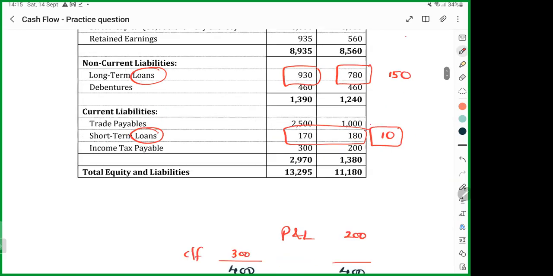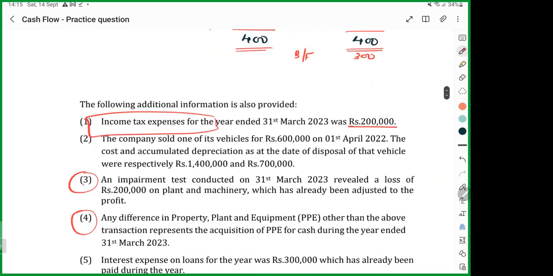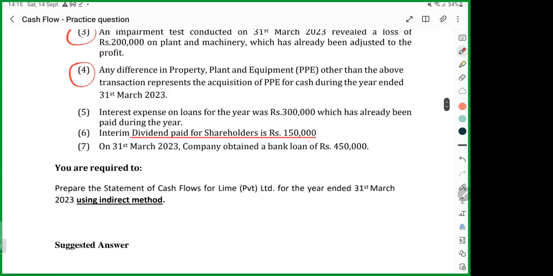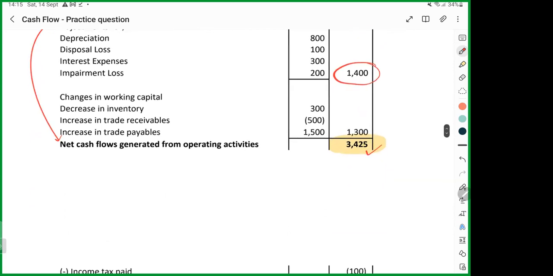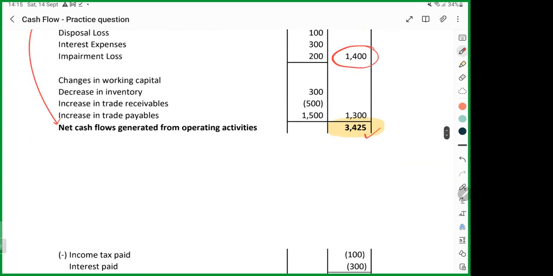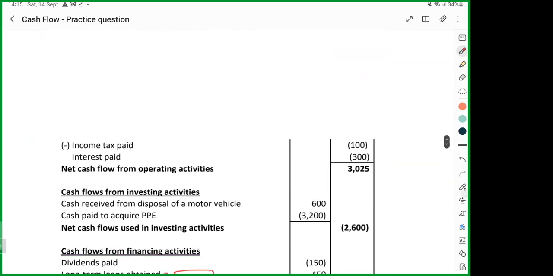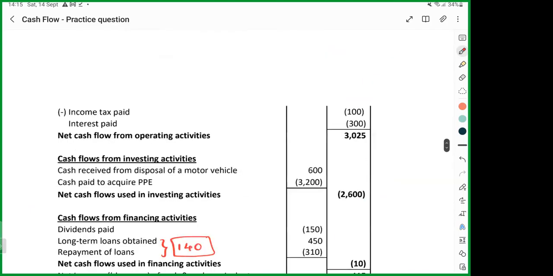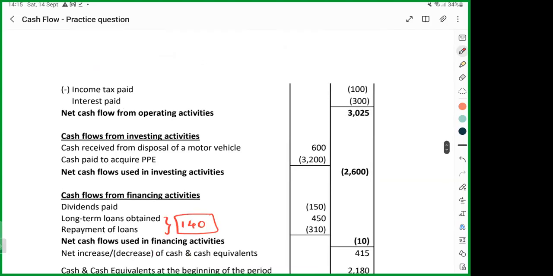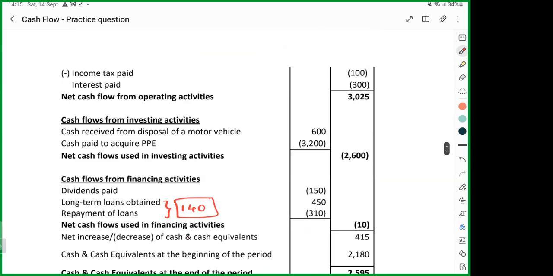So there's a mistake in the answer. Long-term loans should be 150. Short-term loans should be 10. The net increase should be 140.